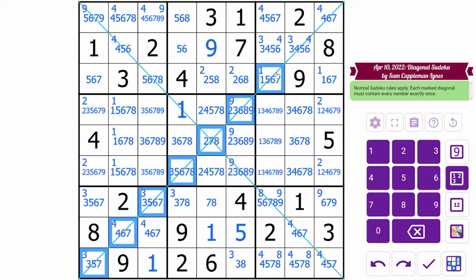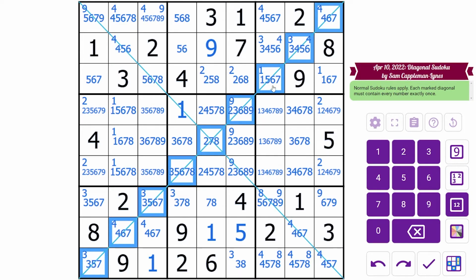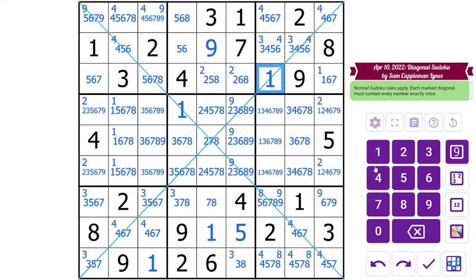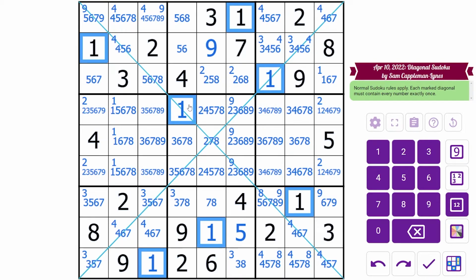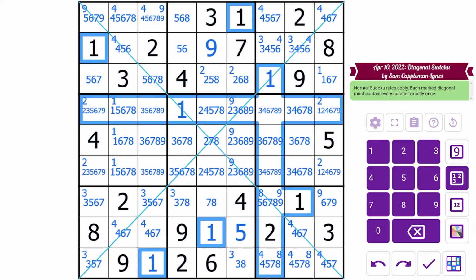Where does 1 go on this diagonal? And it has to go there. Great. So that gets rid of the 1s here. And that gives us a little bit more progress. So now let's just take a look at 1s. 1 in this. 1 has to be there.